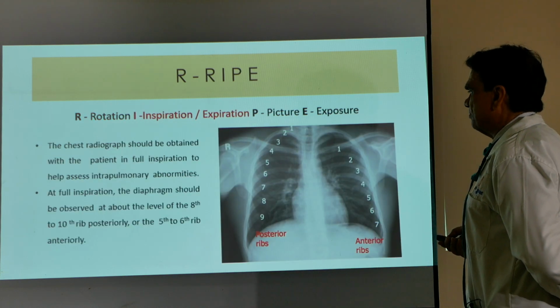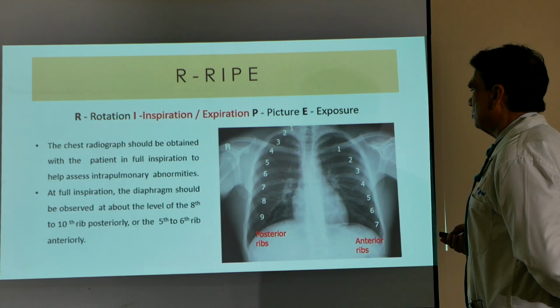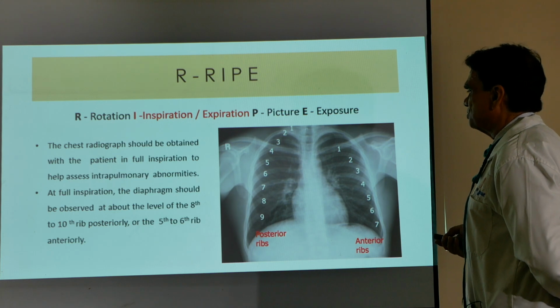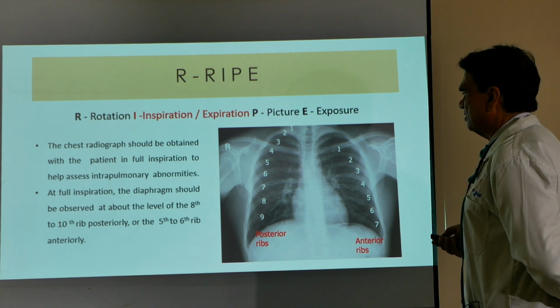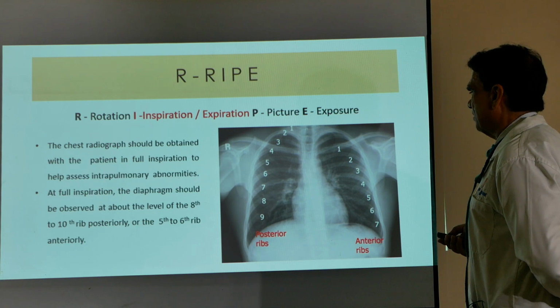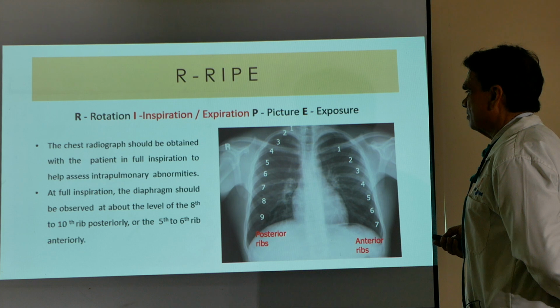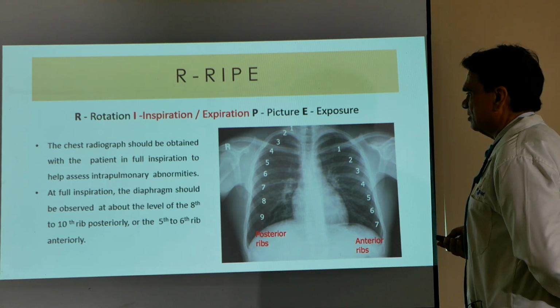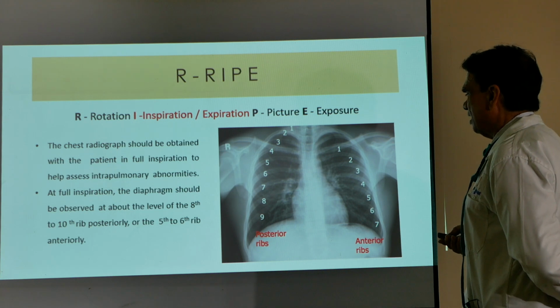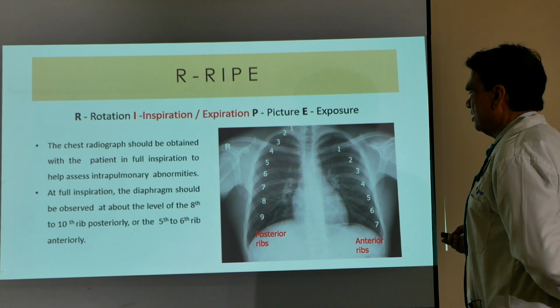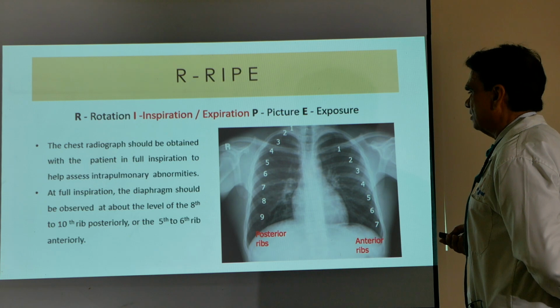The chest radiograph should be obtained with the patient in full inspiration. I stands for inspiration, to help assess intrapulmonary abnormality. If the film is taken in inspiration, we can see all the intrapulmonary abnormality very clearly. At full inspiration, the diaphragm should be observed at about the level of the 8th to 10th ribs posteriorly.